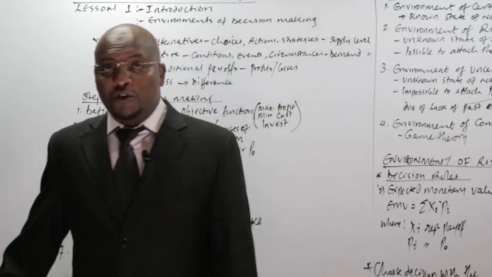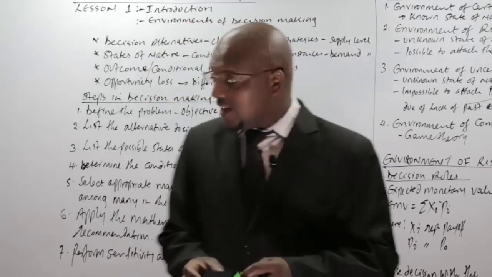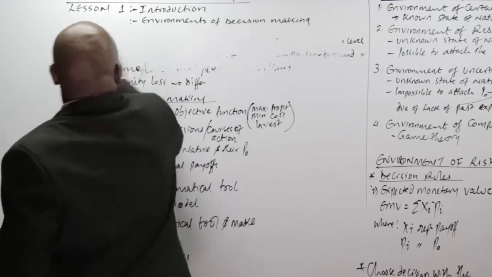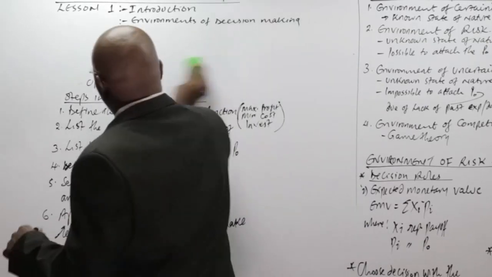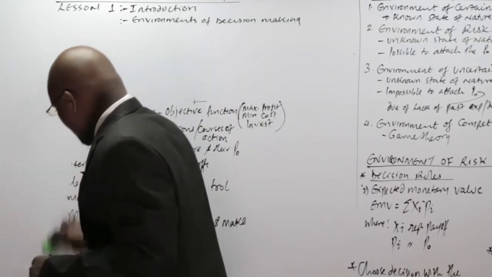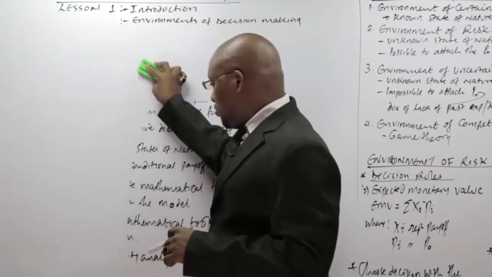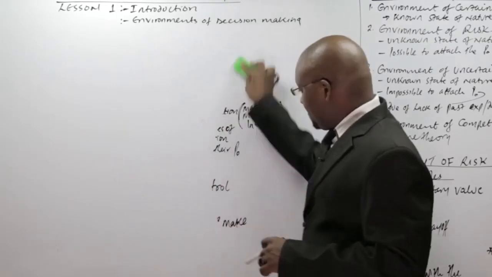This is just a simple illustration for you to understand how we work out the EMV and all that. Let me erase here. We already have the payoff table. It's a simple example where we do not need to determine the outcomes or the conditional payoffs. We already have the payoffs.